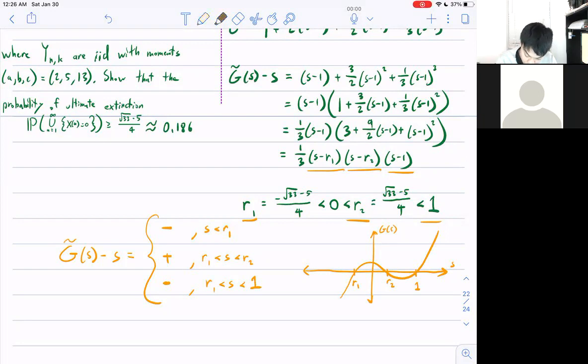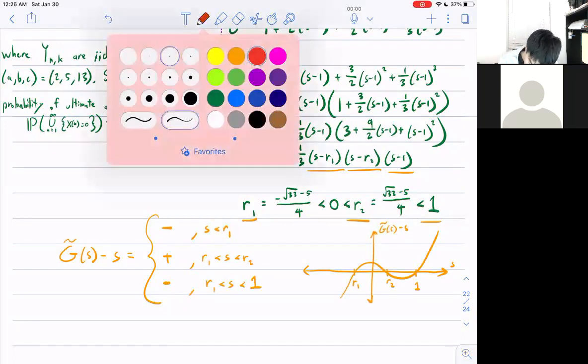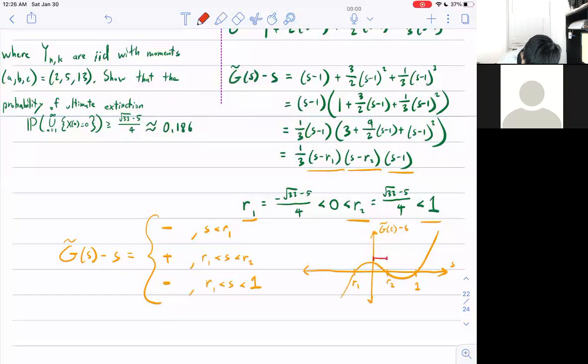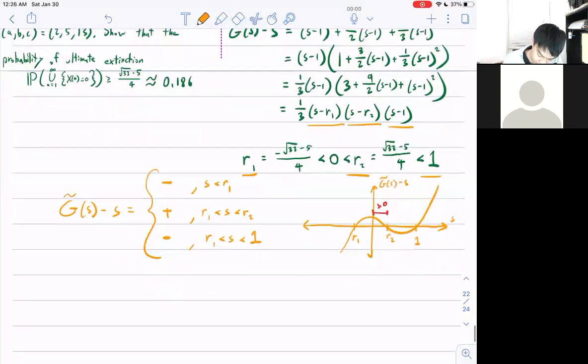But most critically, I'm sorry, this is going to be g of s minus s and the tilde of s, right? But most critically, this portion right here is going to be greater than 0, right? So that's actually the information we need.